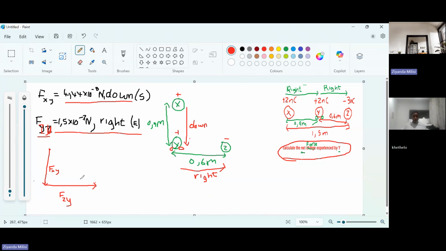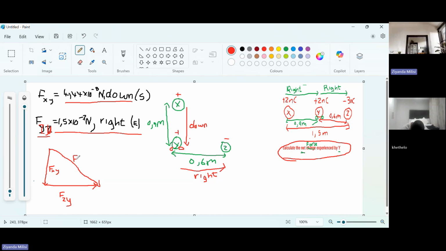Then the resultant is going to be from the tail of the first vector to the head of the last vector. There is your resultant. That is your F net.